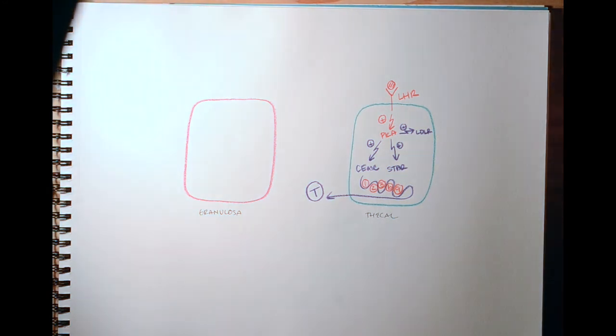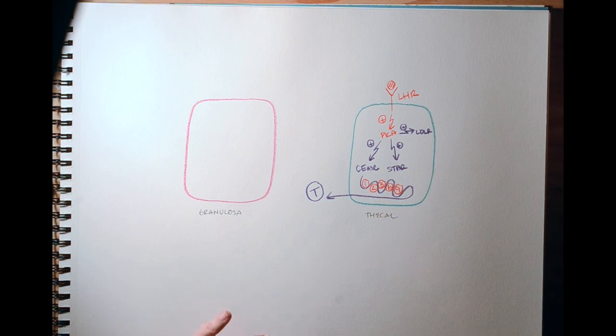So the thecal cell is going to be producing massive amounts of testosterone in response to LH activation of its receptor. Of course, you know that females don't actually have large amounts of circulating testosterone in their system, which means that we're going to have to do something with this testosterone to convert it into the circulating hormone that females do have in abundance, that's estrogen.